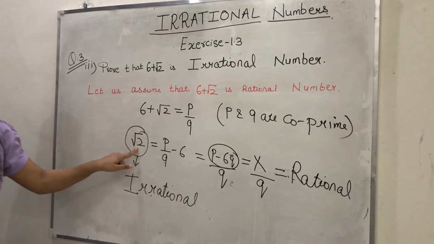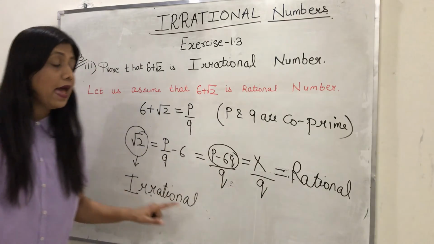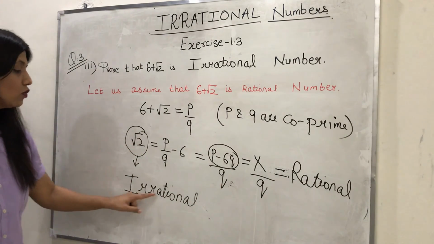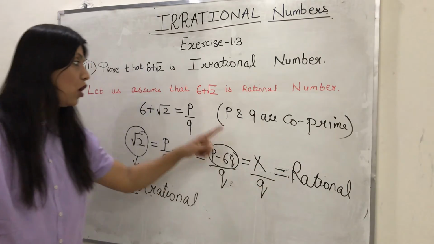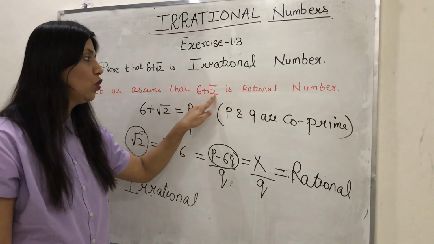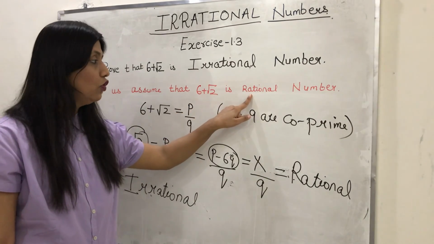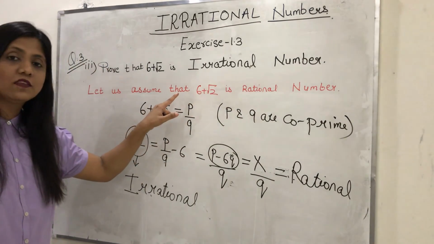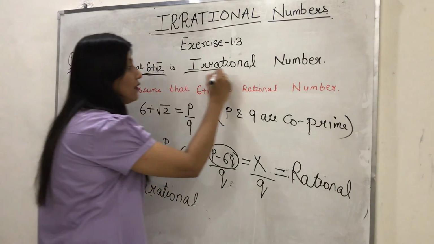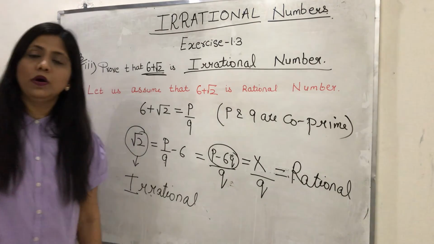Here I am proving that root 2 is rational and I already know that root 2 is irrational. So why is this contradiction coming? Because our assumption is not correct that 6 plus root 2 is rational. Since my assumption is incorrect, it means 6 plus root 2 is an irrational number.